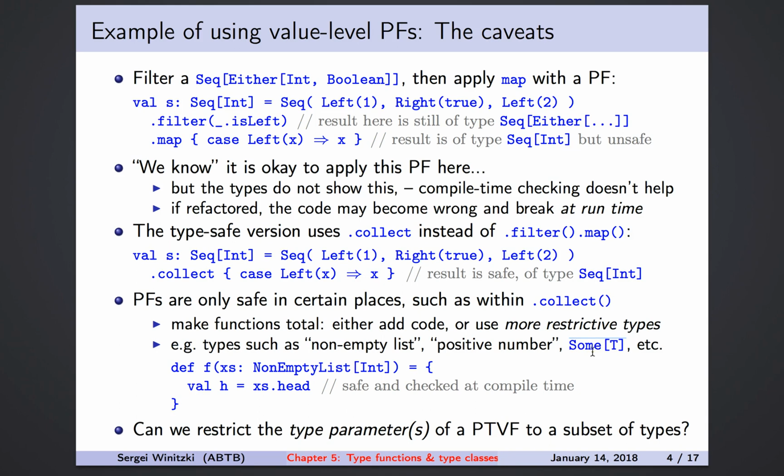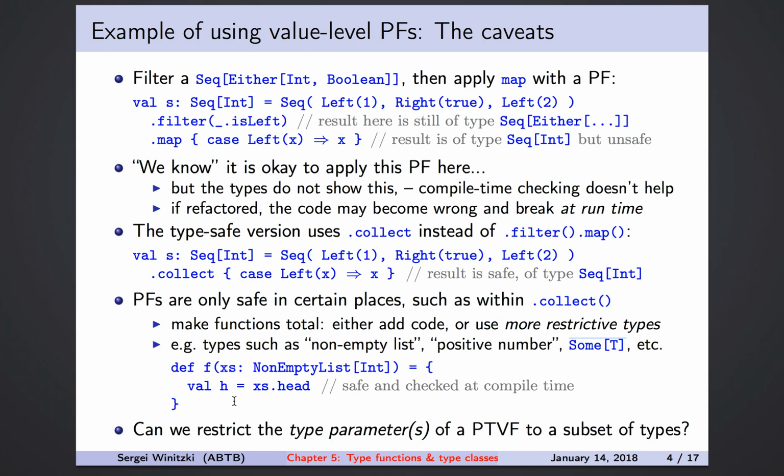So instead of using Option, you use this in a specific function, or you use non-empty list instead of just list. And if you do that, you can do a .head on a non-empty list, and it's always safe. And the safety is checked at compile time. You cannot pass here, instead of non-empty list, just an arbitrary list. So that's how we handle the unsafety in partial functions for value-level functions.